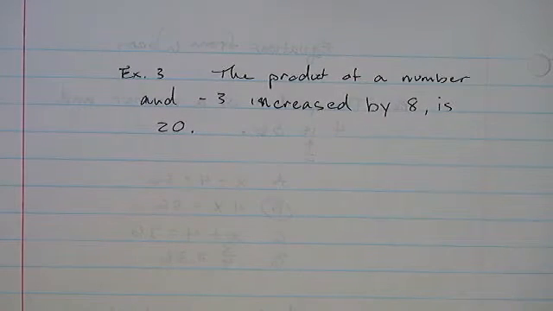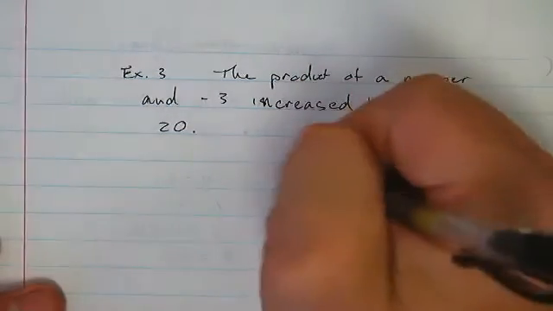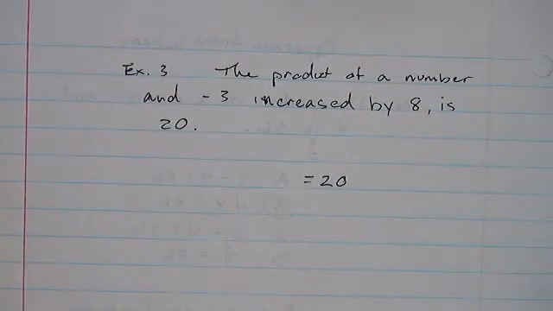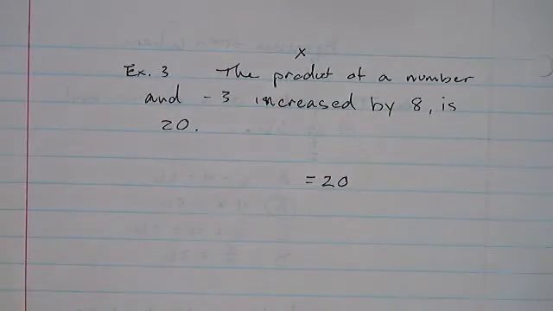We've got the product of a number and -3 increased by 8 is 20. So the "is" is again going to be our giveaway that we have equals 20. We have to think about what happens on the other side. Well, we're taking some number, and the product indicates multiplication. So we're going to take some number, multiply it by -3, and then increase that by 8.